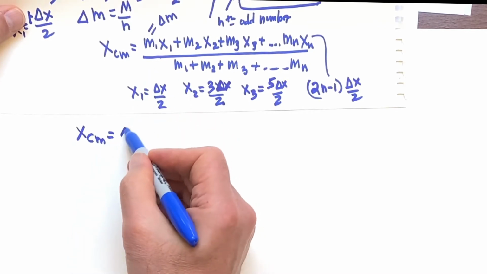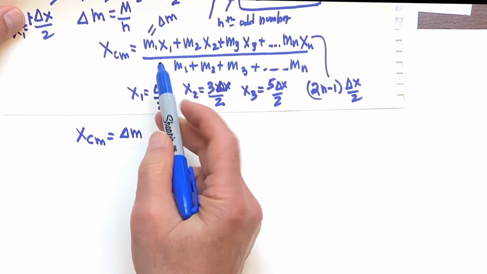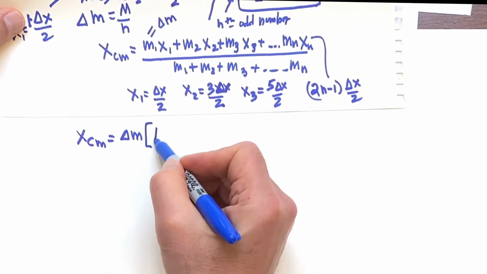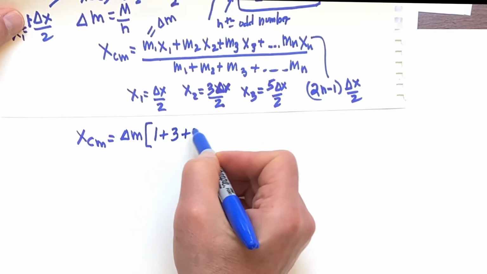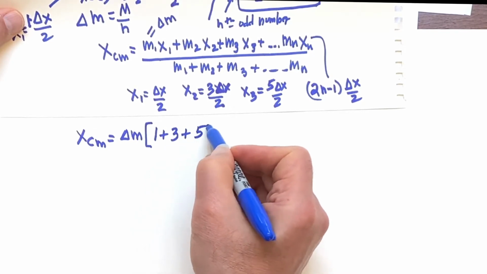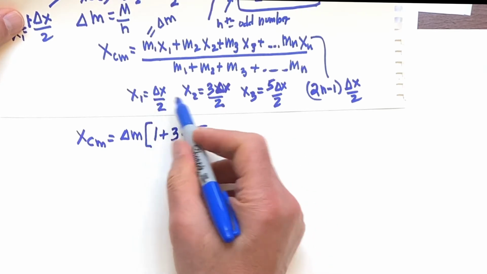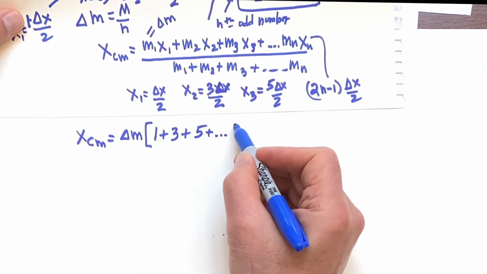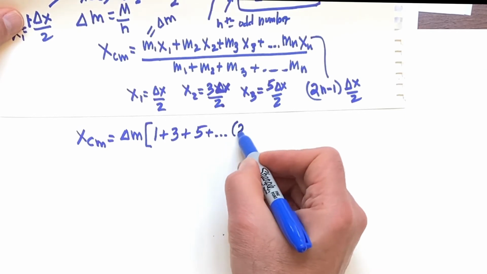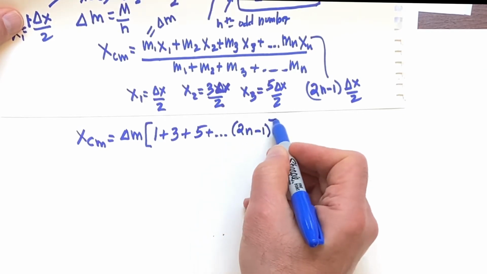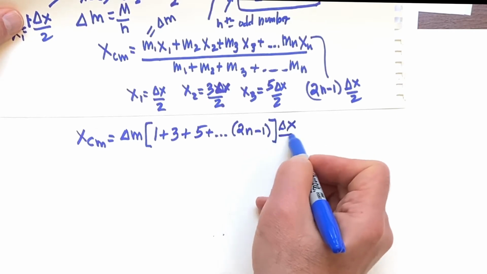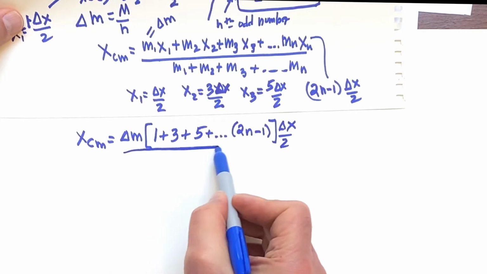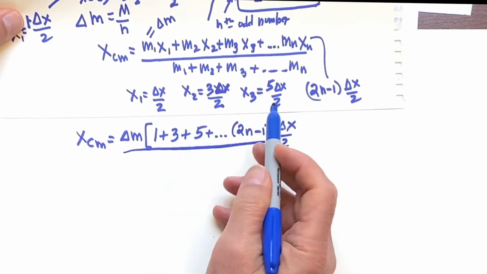Now, delta m is going to be everywhere here because all the little m's are delta m. So we're going to have 1 plus 3 plus 5 plus dot, dot, dot, and this is going to be 2n minus 1. I'm factoring out the delta x over 2. And then we're going to divide by all the masses.